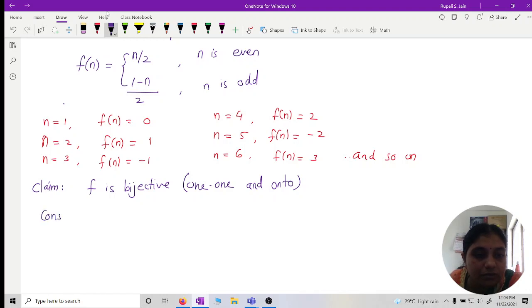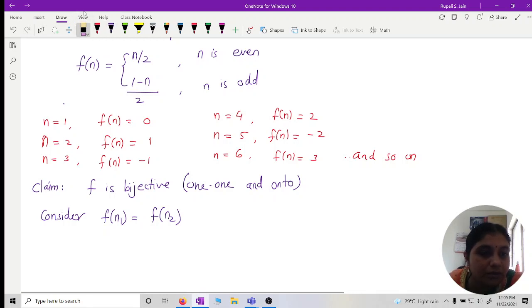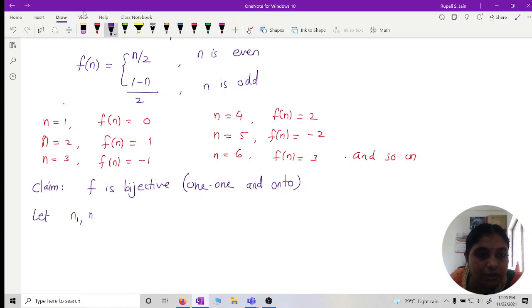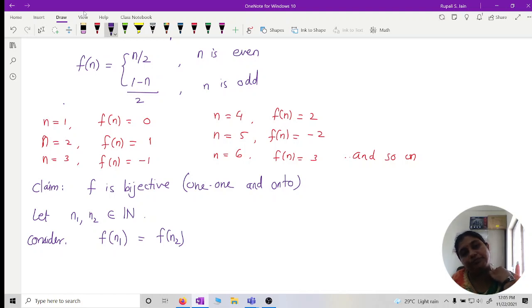So let n1, n2 belong to the set of natural numbers. Now consider their images are the same, f of n1 is equal to f of n2. That implies n1 is equal to n2.